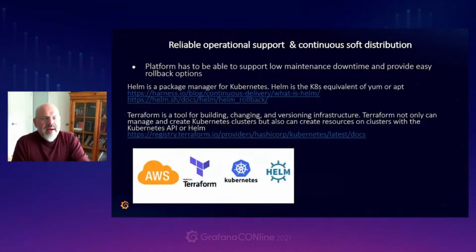And finally, is this reliable or not? Yet another reason why Kubernetes is here: when you do Kubernetes, naturally you start to use CI/CD. In our case, this is Helm and Terraform on top of Helm. It can be Jenkins, you name it, it can be anything.